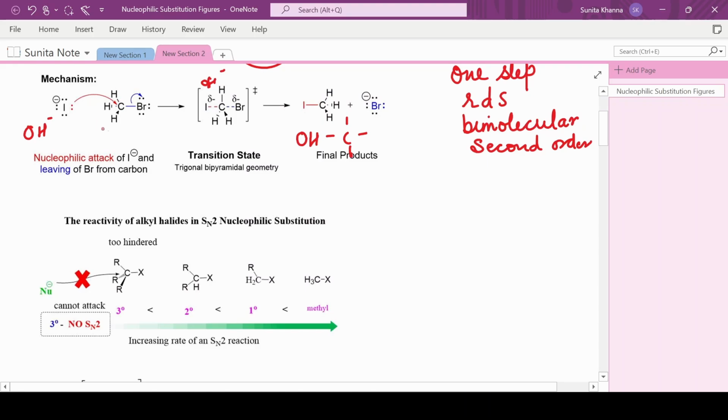So less hindrance, less steric hindrance, less is the obstacle, this obstacle technically known as steric hindrance. Better is the reactivity. Smaller the group, less is the hindrance, better is the reactivity.